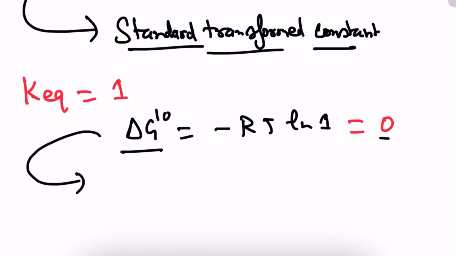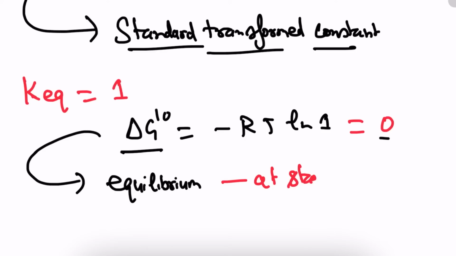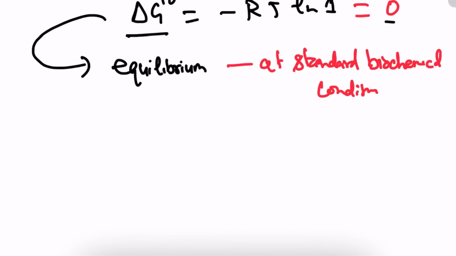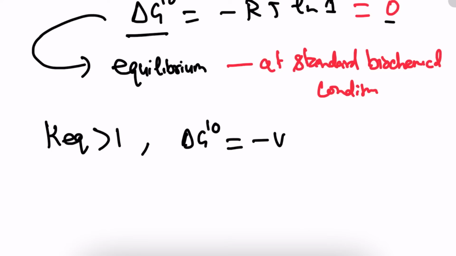Here you can say that the reaction is at equilibrium at standard biochemical condition. And you must keep in mind, if the value of K equilibrium is greater than 1, then your delta G prime naught value will come out negative.